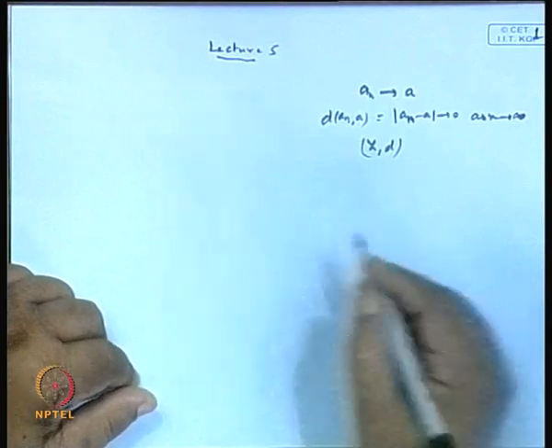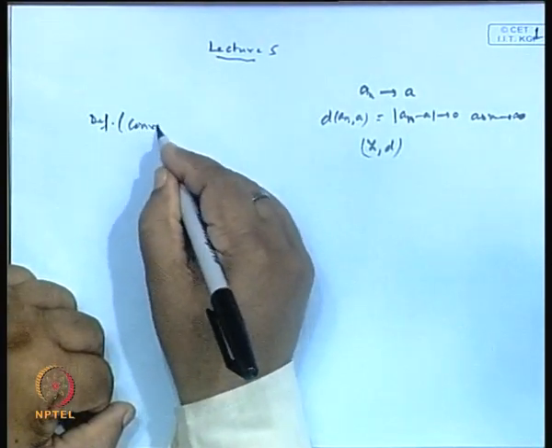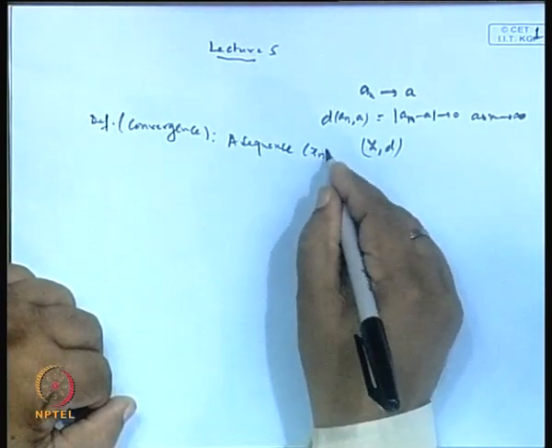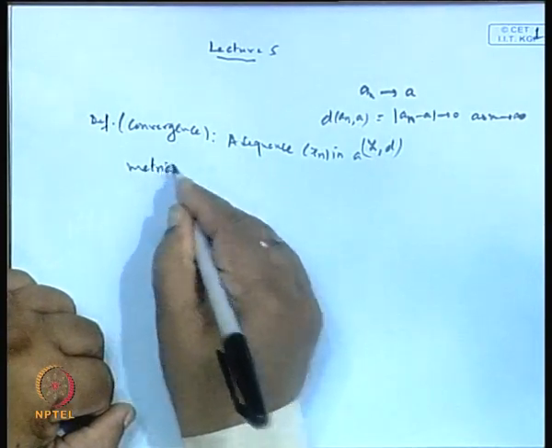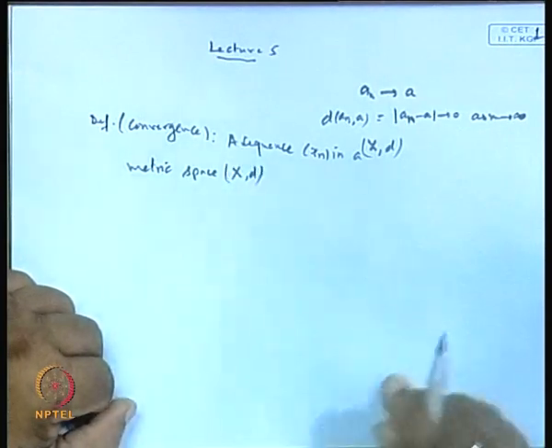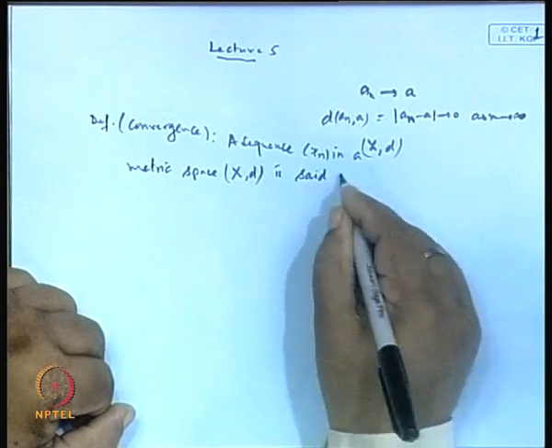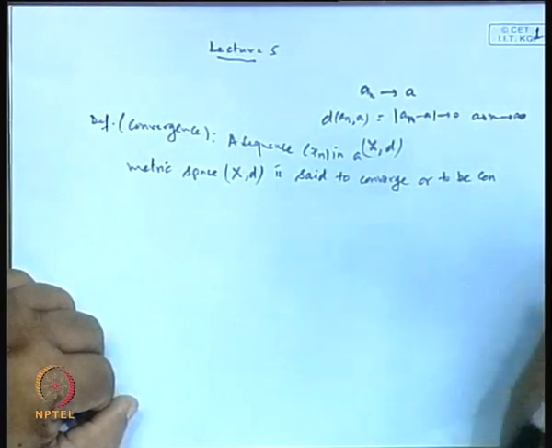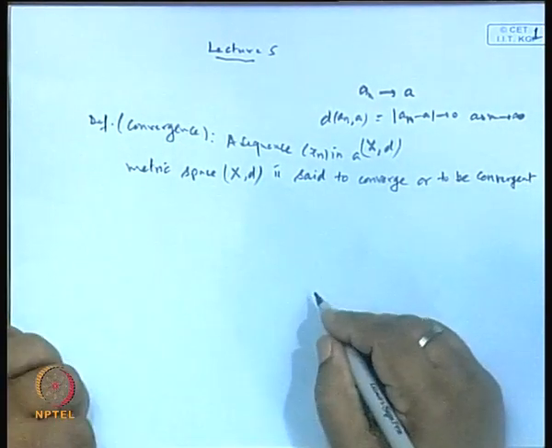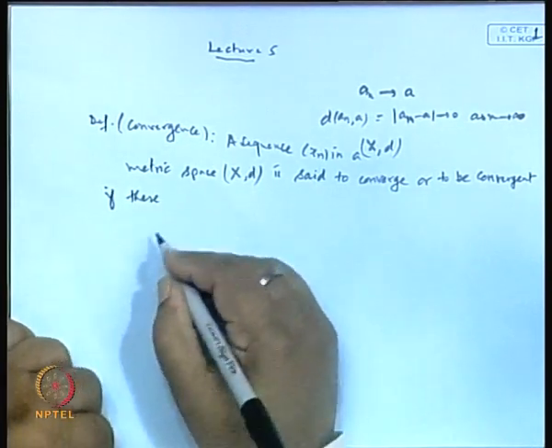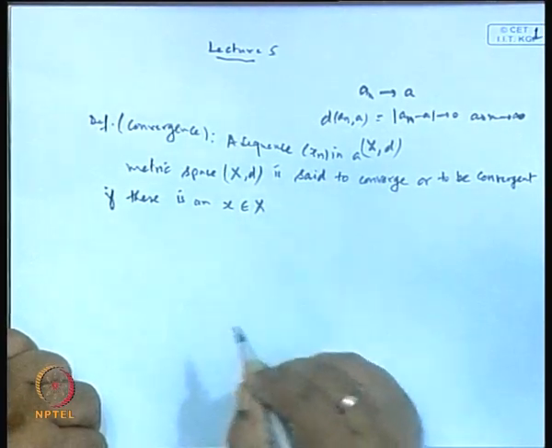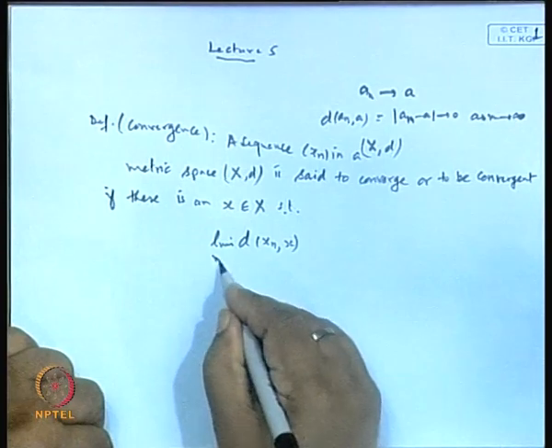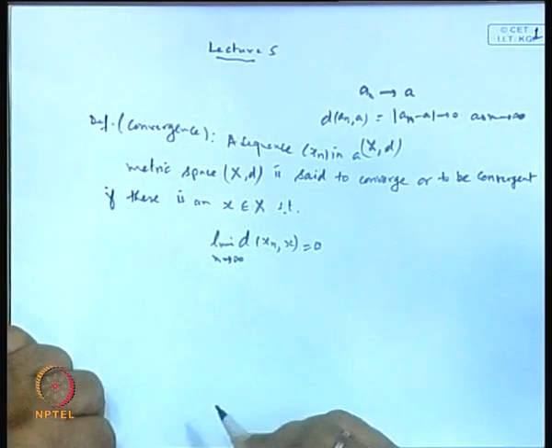So, we say convergence first: a sequence x_n in a metric space (X, d) is said to converge, or to be convergent, if there is an x belonging to capital X such that the distance between x_n and x, when n is sufficiently large, tends to 0, or the limit of this is 0.